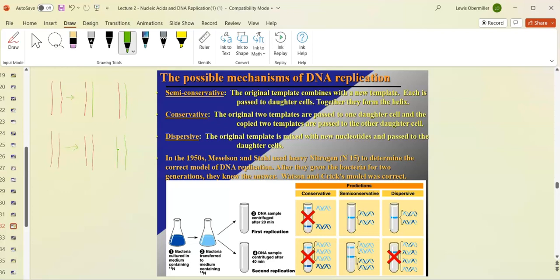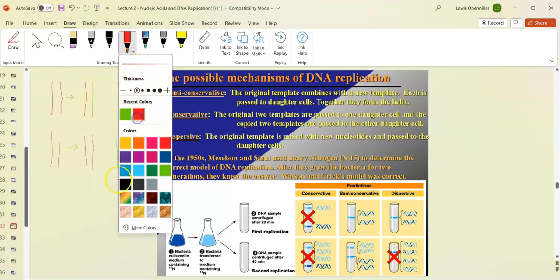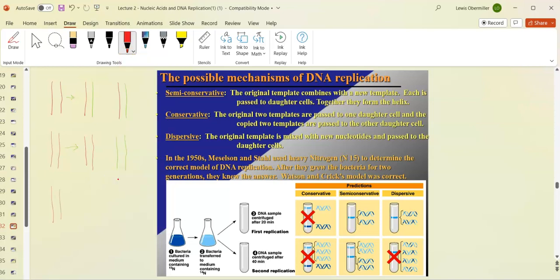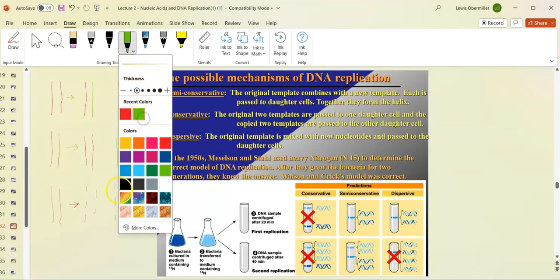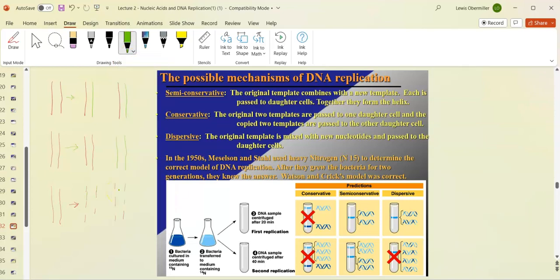And then the last possibility was that this somehow exploded, and we would have fragments of old DNA interspersed with new DNA. Not sure exactly how this would happen, but that's the proposal.